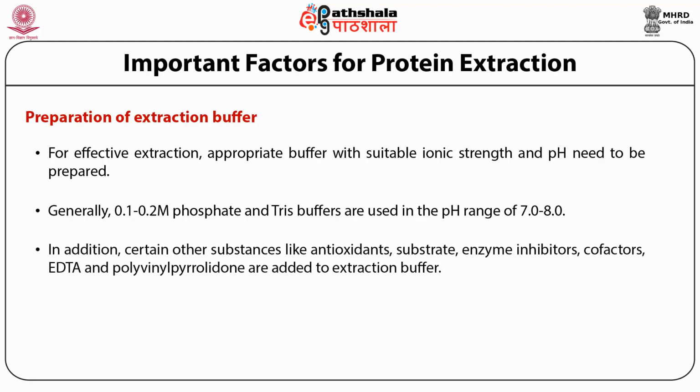In addition, extraction buffers also contain various other substances like antioxidants, substrates, enzyme inhibitors, cofactors, EDTA, and compounds like polyvinyl pyrrolidone that facilitate and aid the extraction of recombinant proteins.